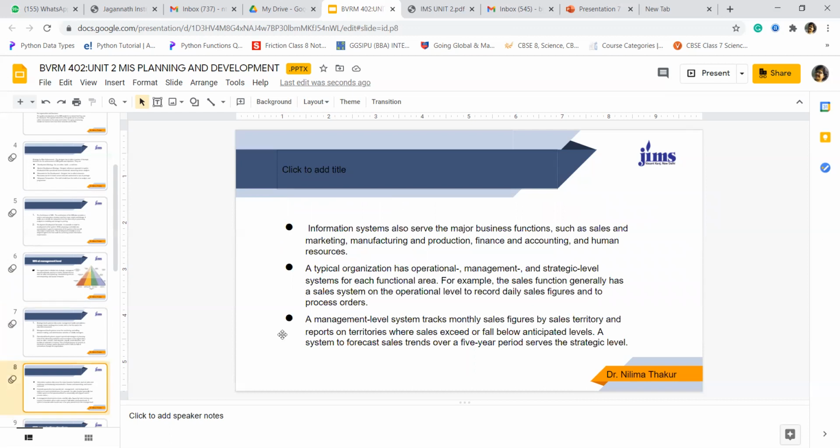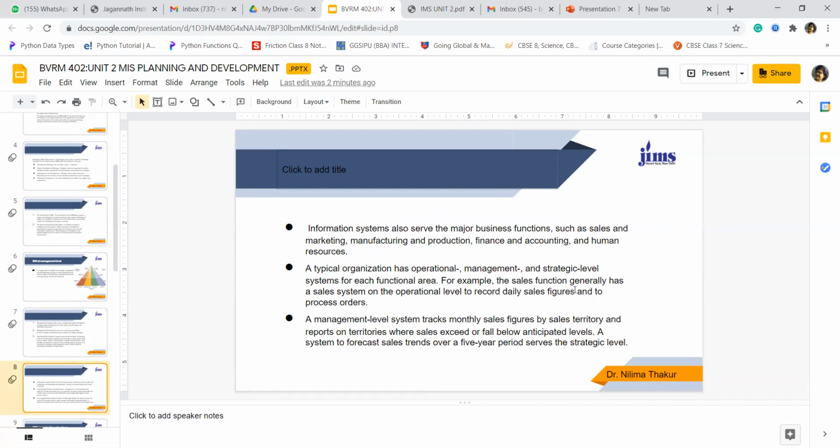According to these levels, we have the systems generated. Information systems also serve the major business functions such as sales and marketing, manufacturing and production, finance and accounting, and human resources. A typical organization has operational, management, and strategic level systems for each functional area.